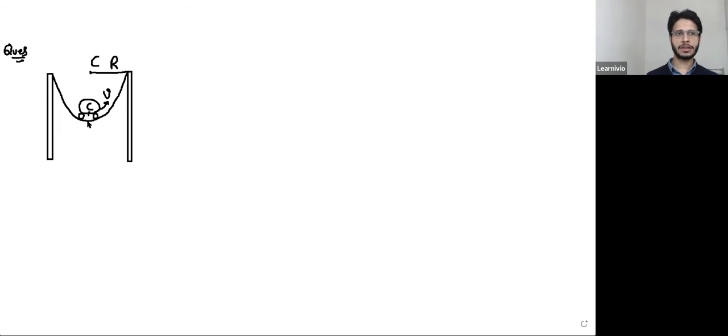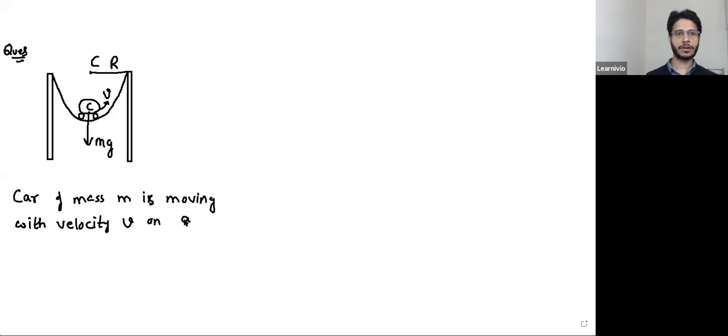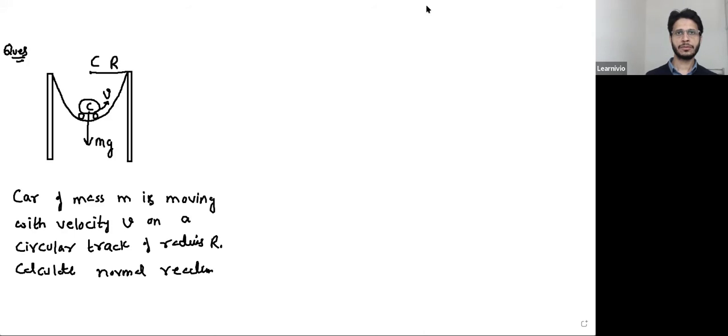The mass of the car is m, so its weight is mg. If I solve this problem, then this is the weight. The normal reaction is acting in this direction, perpendicular to the plane.